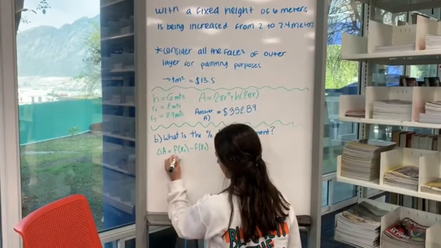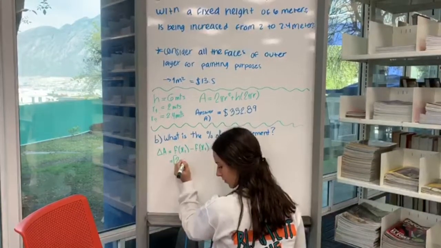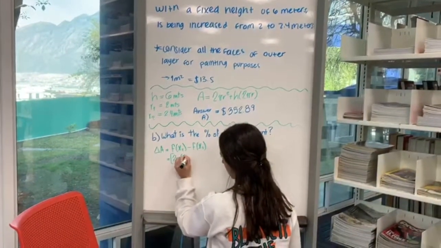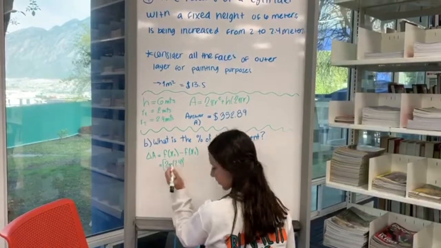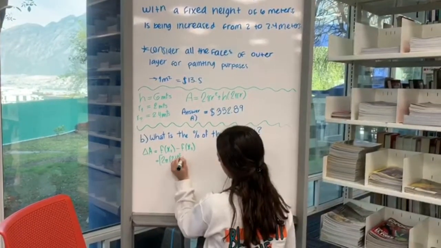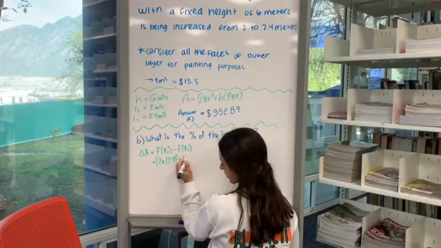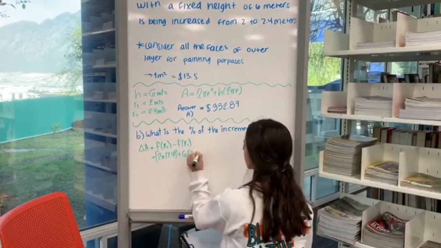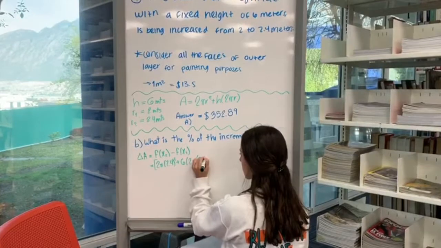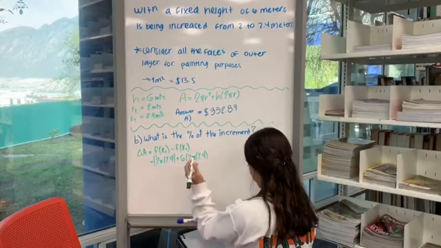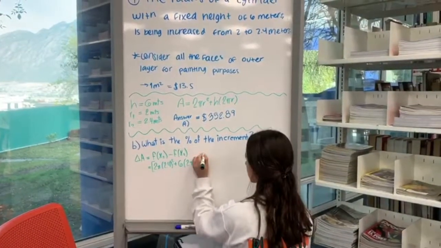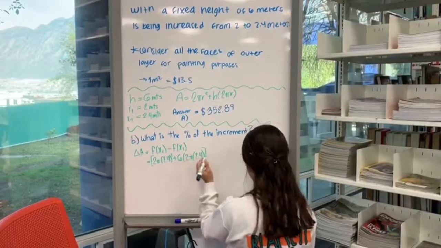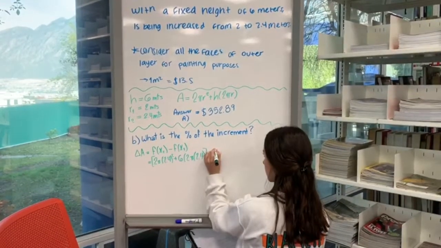First, we plug in the variable of R2 into our given formula, which is the surface area. The equation will be 2 pi 2.4 squared plus 6, which is the height, parentheses 2 pi, parentheses 2.4. Then, we plug in the second variable, which is R1.